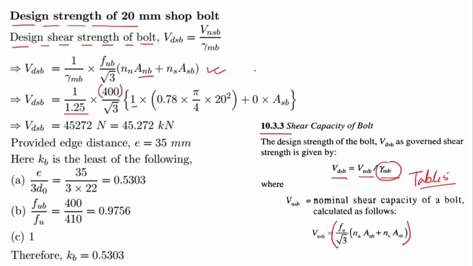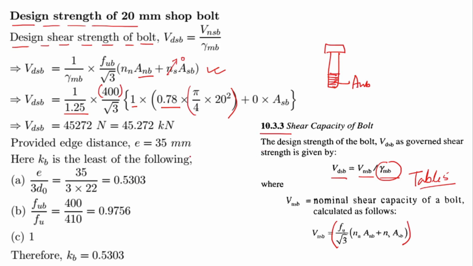And ANB is the cross sectional area of the bolt at the threaded portion, which is 78% of the total cross sectional area of the bolt, pi by 4 into 20 square. Then NS will be 0, because we are going to connect the flange with the batten plates, so it will be a case of single shear. That's why the number of shear planes at the shank portion will be 0.